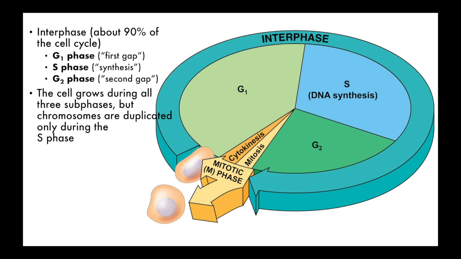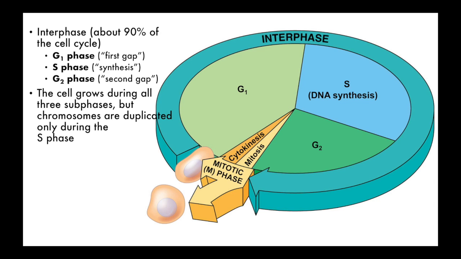So in interphase, we've got three subphases. We've got the first gap phase called G1. S is for synthesis, where the DNA is actually copied. And then the second gap phase, or the G2 phase, where the cell is preparing for mitosis, but now it's got copies of all of the DNA.